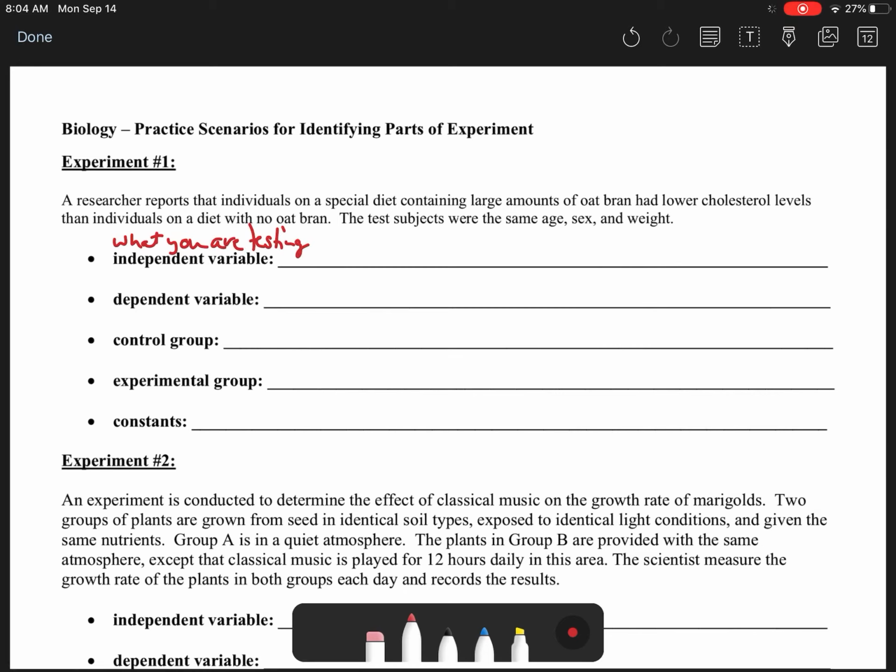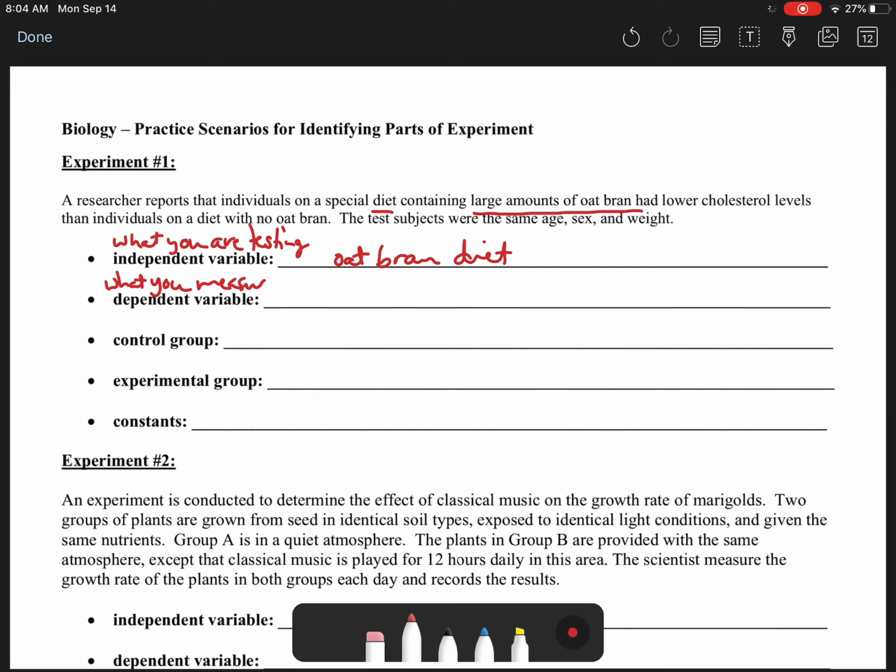So what they're testing is a diet with large amounts of oat bran. Oat bran diet. The dependent variable is what you measure, what you hope to see a change in.